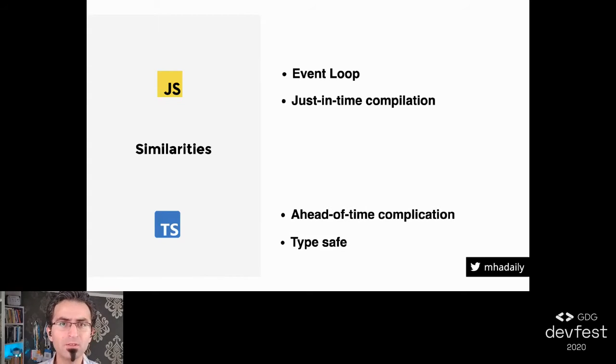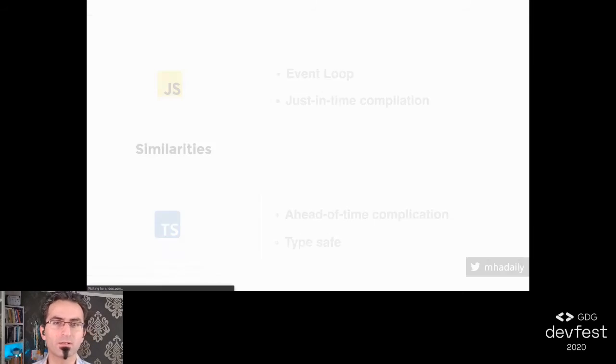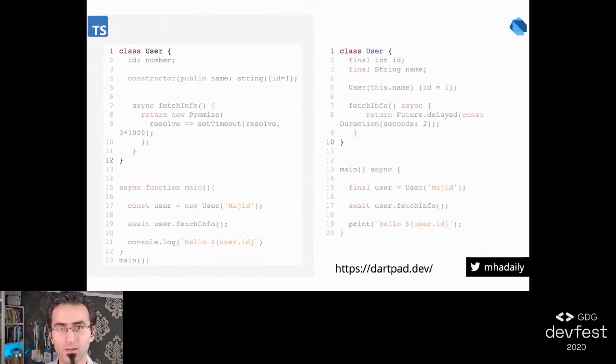Okay, but let me compare a couple of syntax examples from TypeScript and Dart. In TypeScript, we write a class, let's say a user, and then we define our constructor to pass some variables, and then we have our local variables, like a public ID, whose type is number, and the name variable, which is a string.